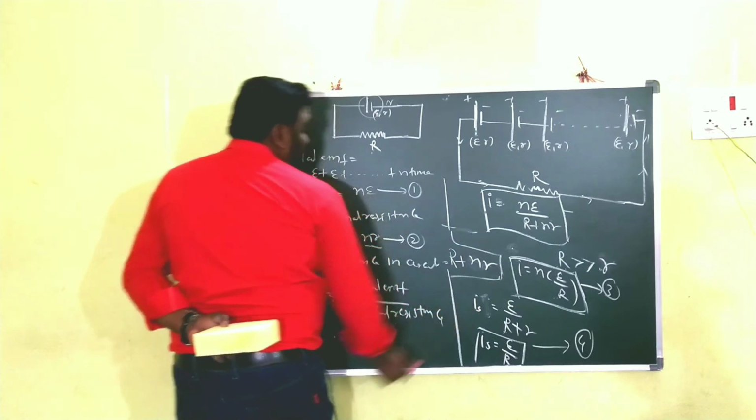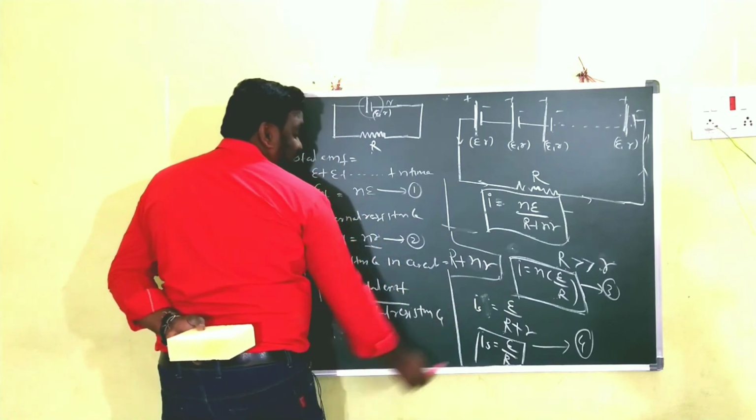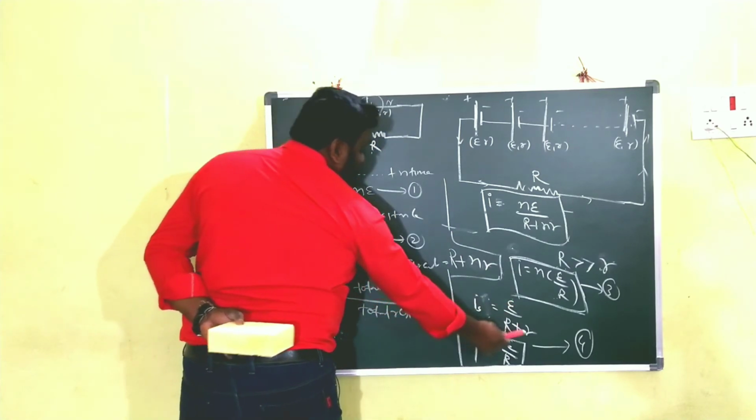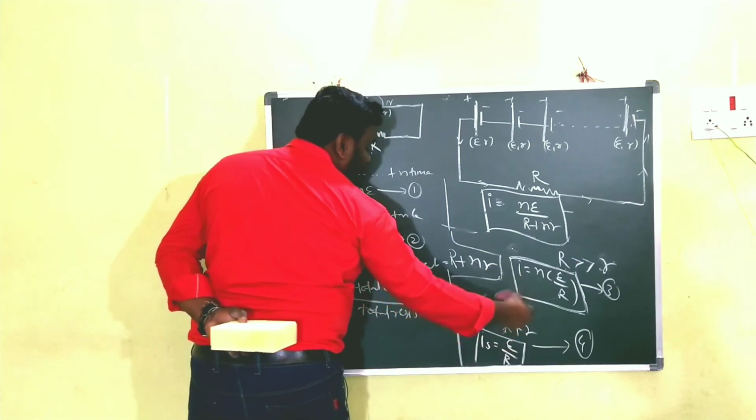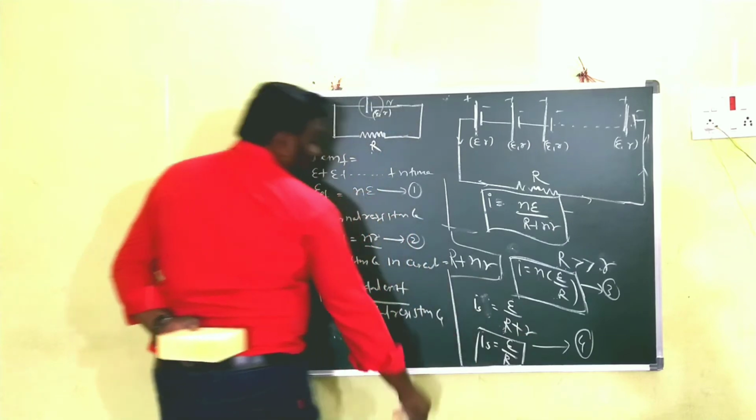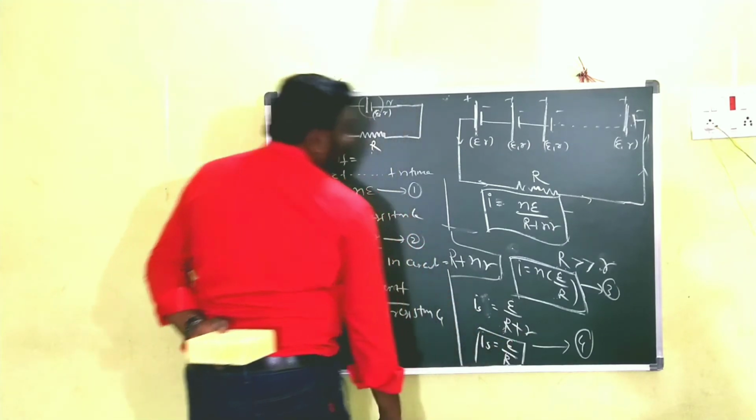Children, IS means the amount of current in a single cell, which is written as epsilon by R plus r. Again, small r is less than capital R, or capital R is so much greater than the internal resistance. That's why we get IS is equals to epsilon by R.